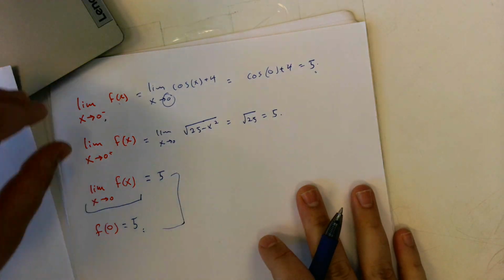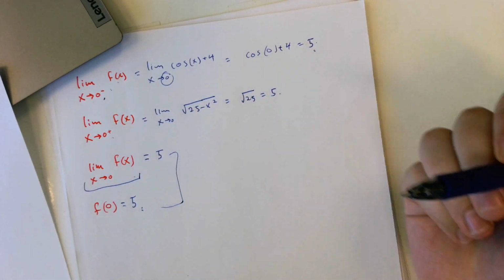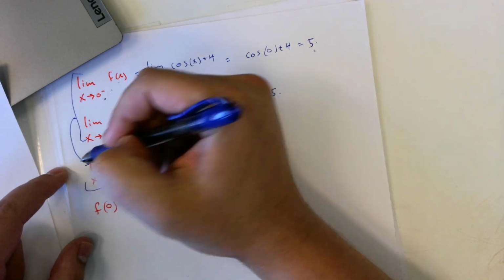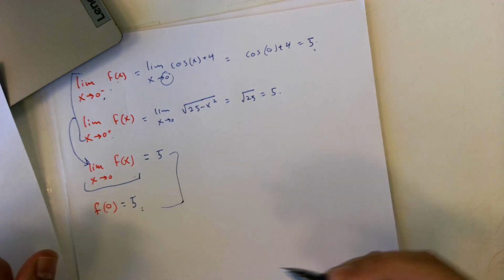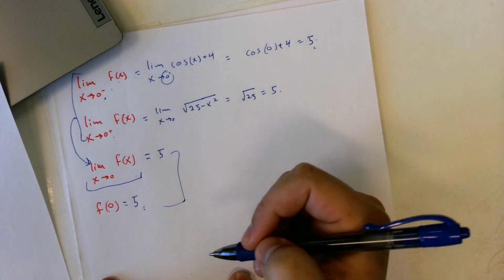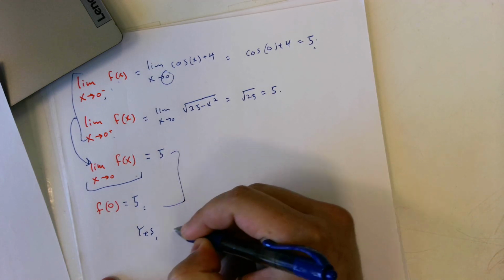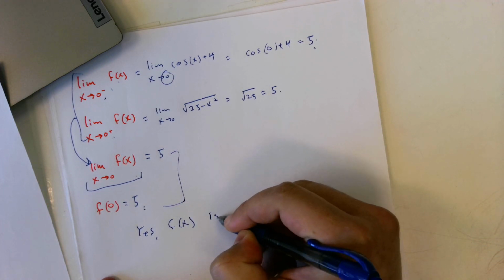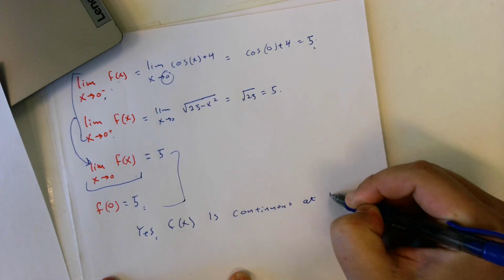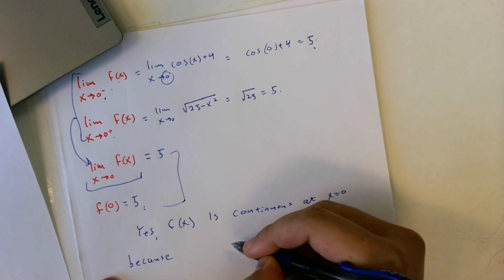Let's look at how to write the actual answer. I examined on the left of 0, on the right of 0, and that allowed me to write this. Without doing these, that doesn't work. f of 0 is 5. So let's explicitly answer the question. Yes, f of x is continuous at x equals 0 because, right?